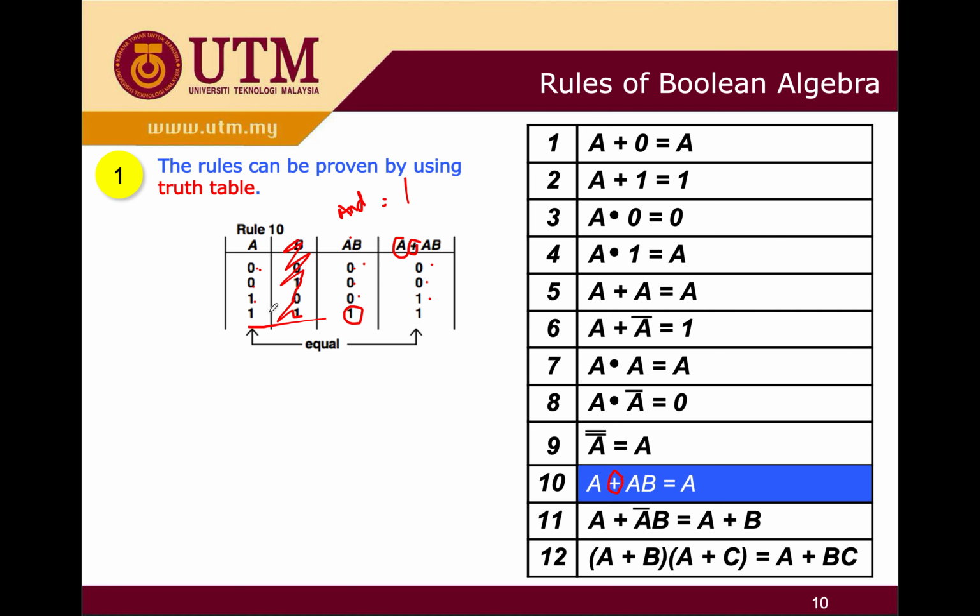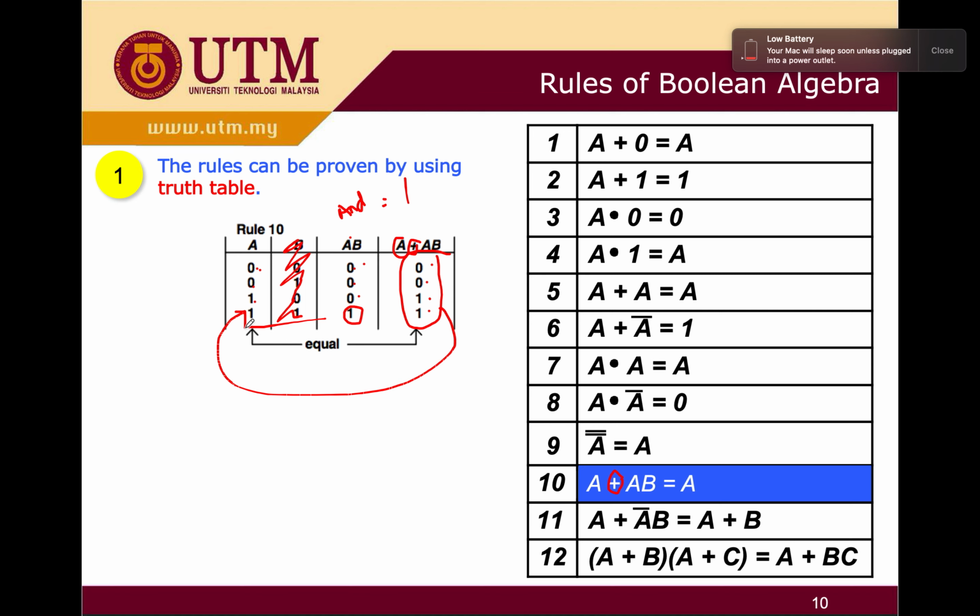As long as you have one input as 1, you will get 1 as the output. Just remember that. And then 1 1, you will get 1. So you get this kind of output. Let's check. It is similar to A, right? So this happened: A plus AB equal to A.